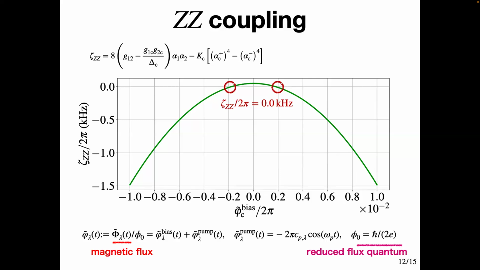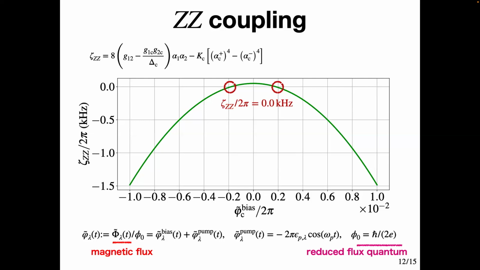The parameters appearing here can be controlled through phi C bias shielder. And here, the left-hand side is the dimensionless magnetic flux, and it is defined by this magnetic flux divided by reduced flux quantum.